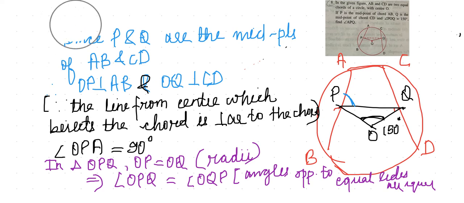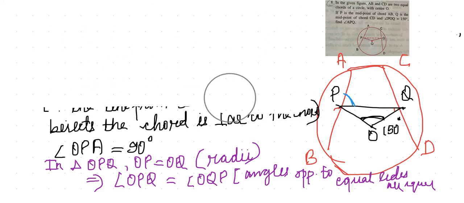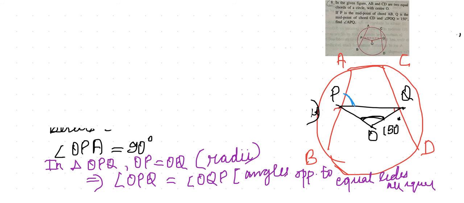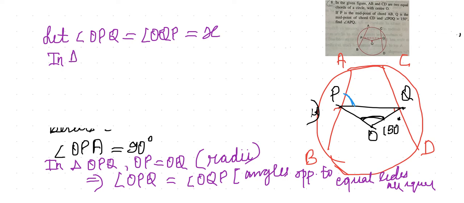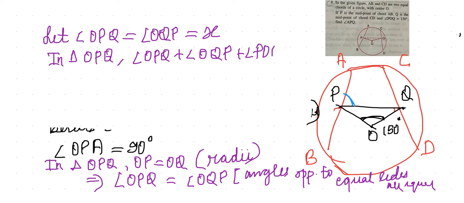So what will you write now? Write down, let angle OPQ is equal to angle OQP is equal to x. Now in triangle OPQ, angle OPQ plus angle OQP plus angle POQ will be equal to what, children?